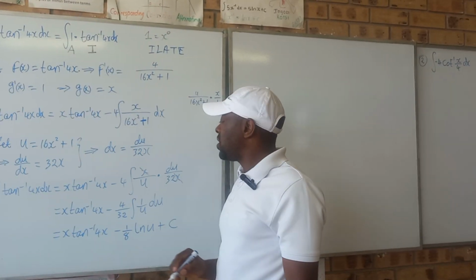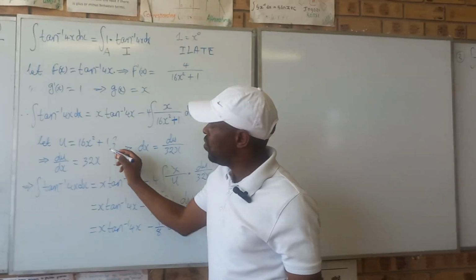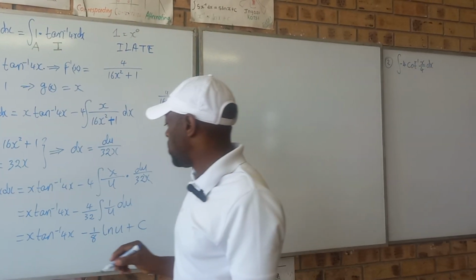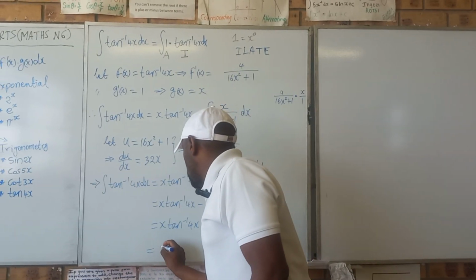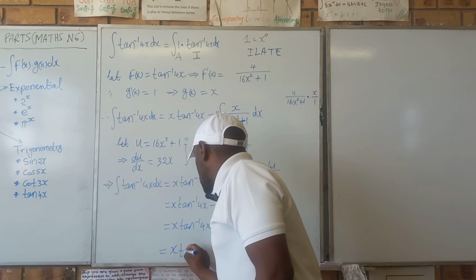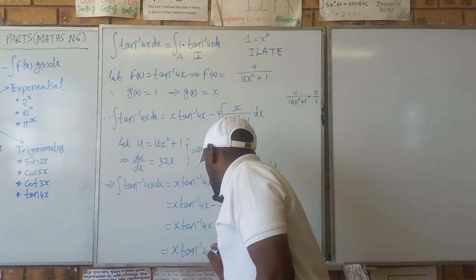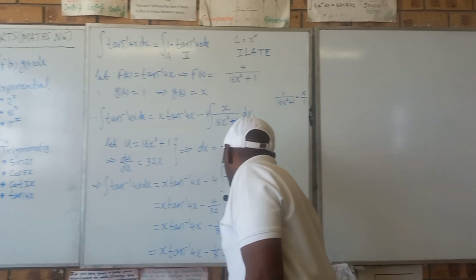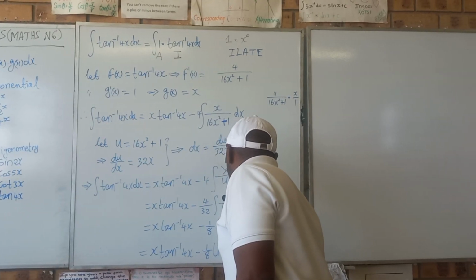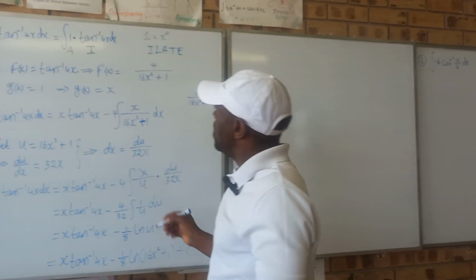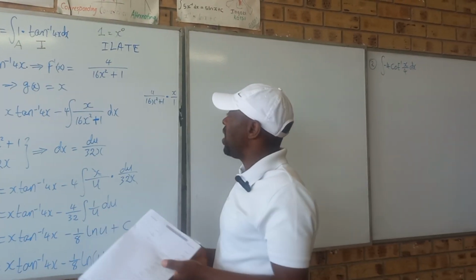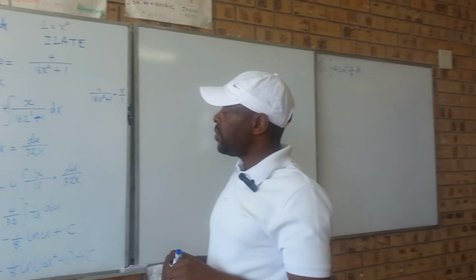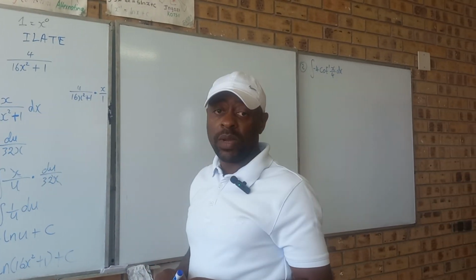Then I have to replace u by the value of u, which was 16x squared plus 1. So that should take me to x arc tan 4x minus 1 over 8 ln of 16x squared plus 1 plus c. So this is simply how we integrate this using integration by parts.